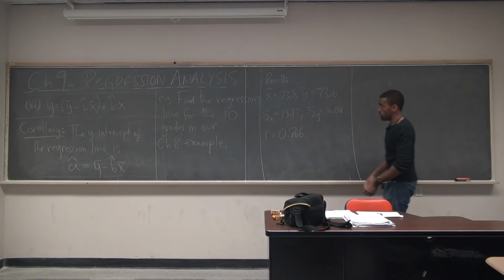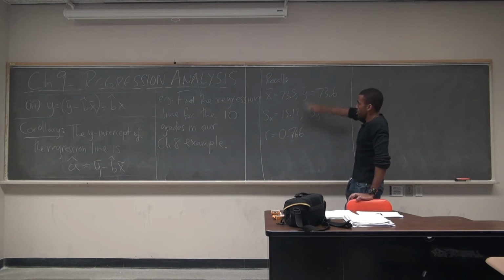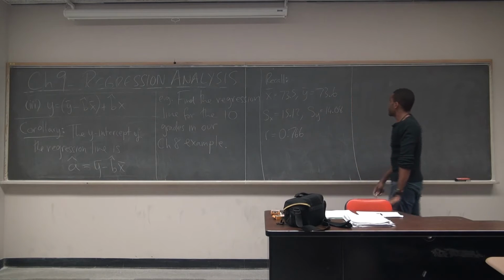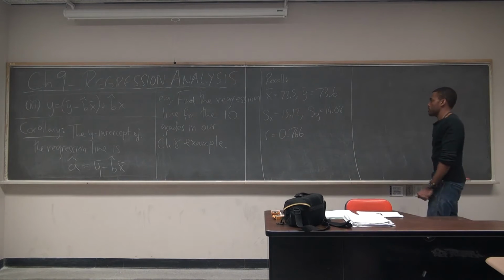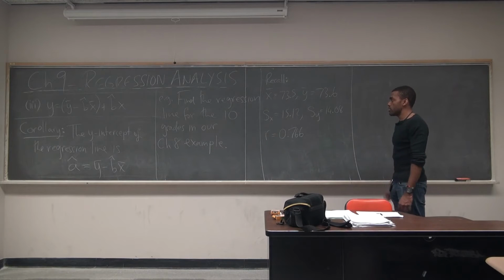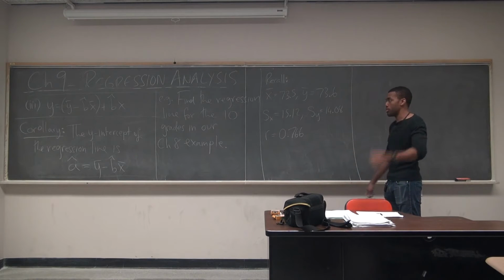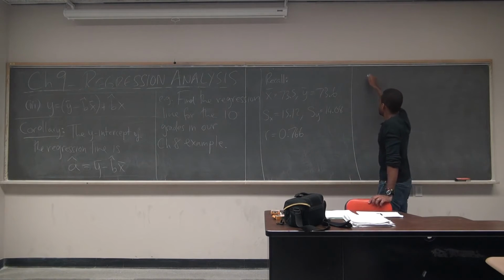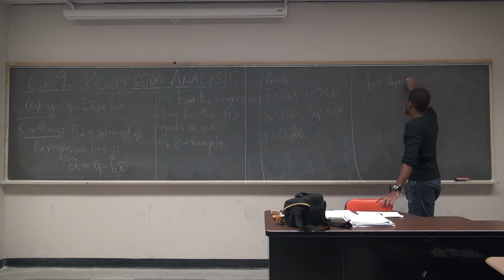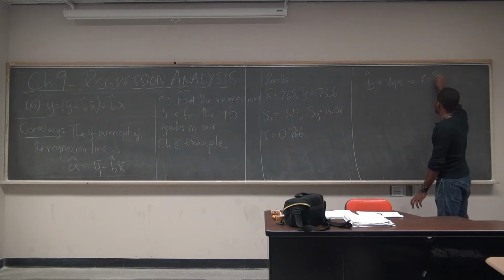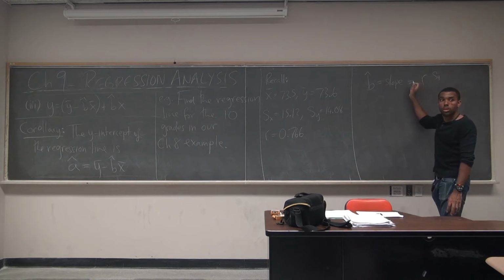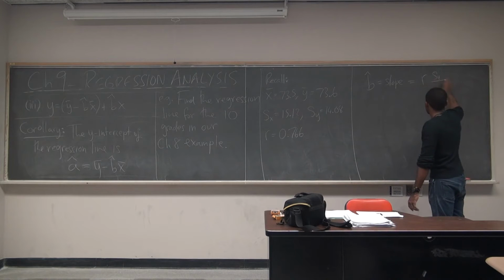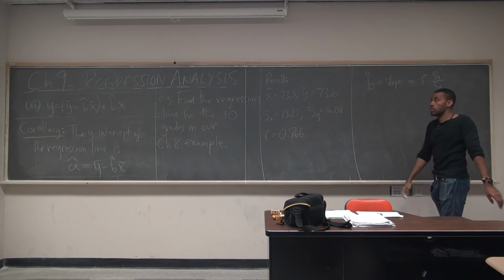So assuming we did all the work, we calculated all this, we know the means, the standard deviations, and we know the r value, how do I find the equation for the regression line? Okay, so what do we need to find the equation of a line? A point and a slope, right? So we know that b hat is equal to the slope of the regression line, and that's equal to r times Sy over Sx.